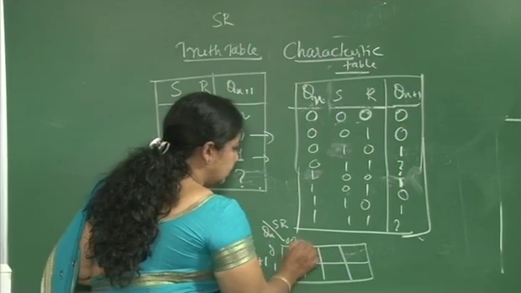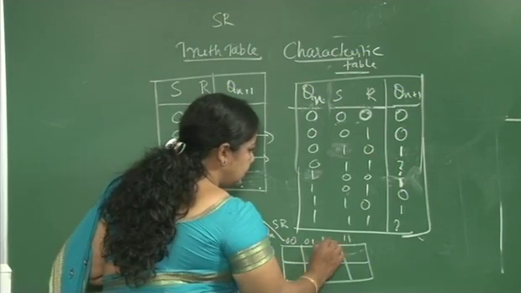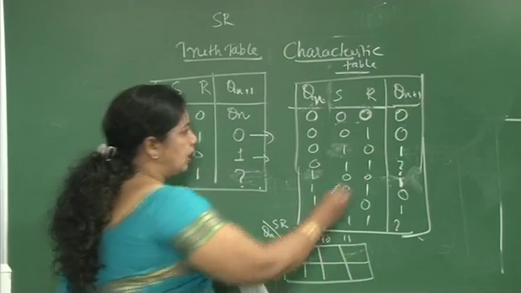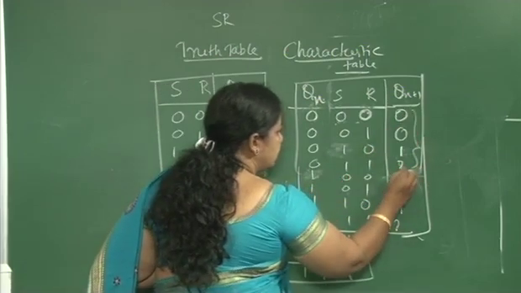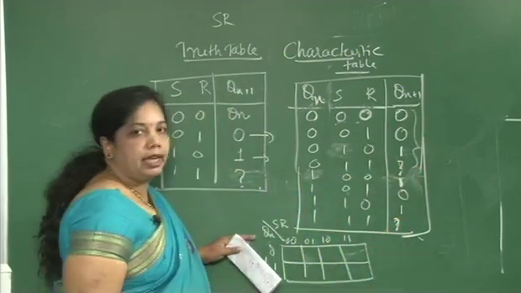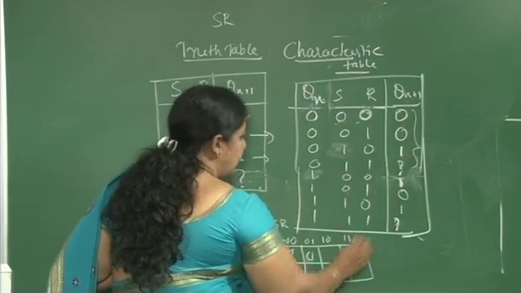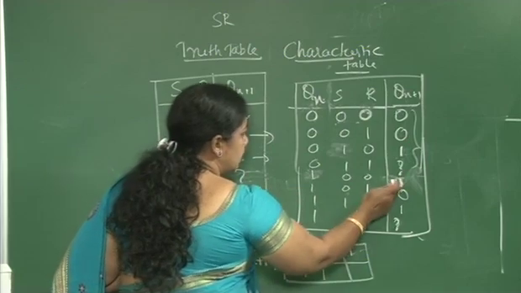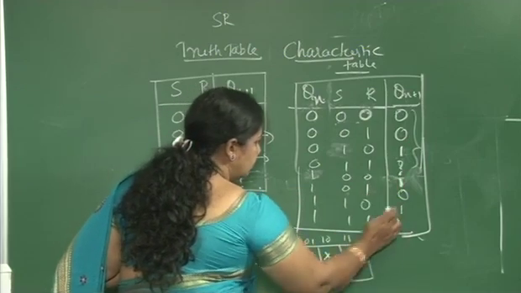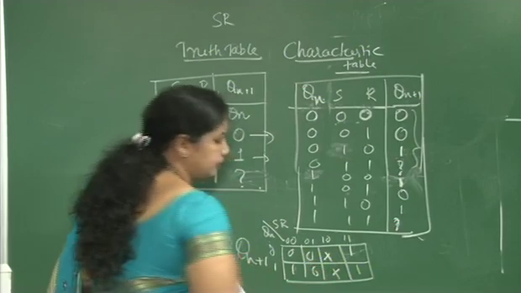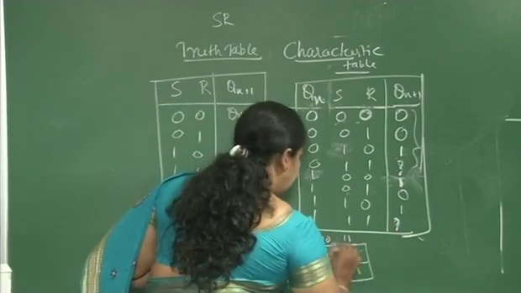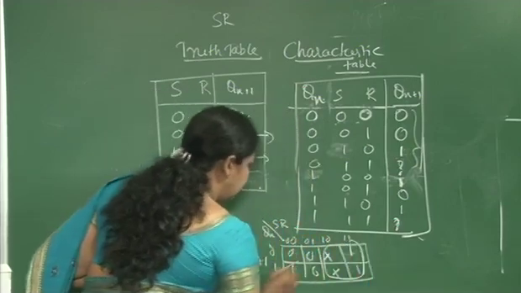These are the combinations I am using, and I am going to fill this in. I am going to fill this question mark as don't care. So now 0 and 0, 1 and don't care, 1 and 0, 1 and don't care. I am going to group this and this.